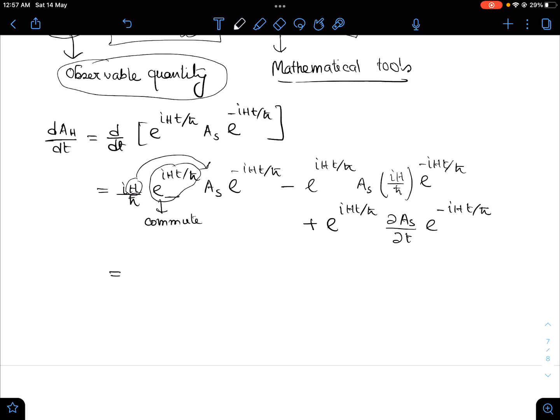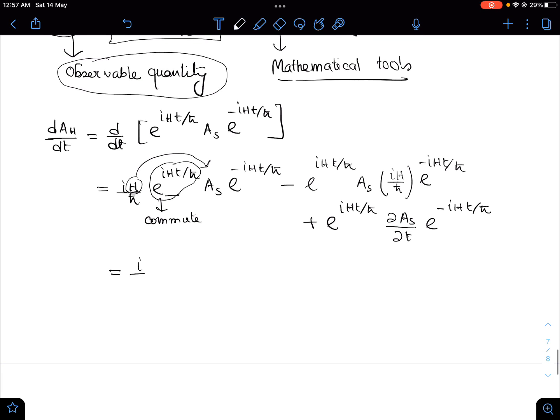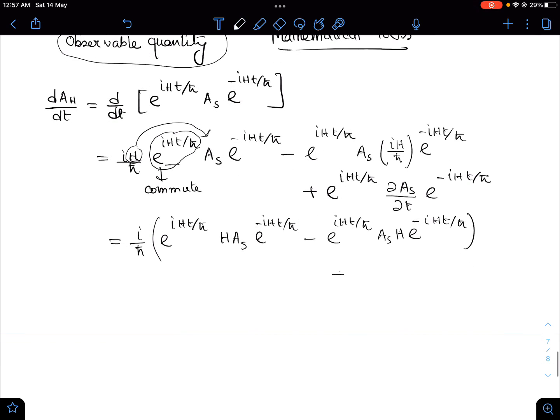We will have i by h cut, e to the power i H t by h cut, H A S, e to the power minus i H t by h cut, and in the second term we will have e to the power i H t by h cut, A S H, e to the power minus i H t by h cut, and we will have another term as this.